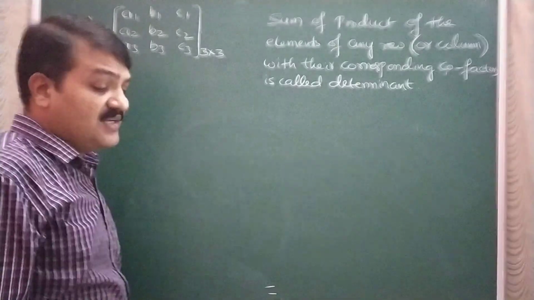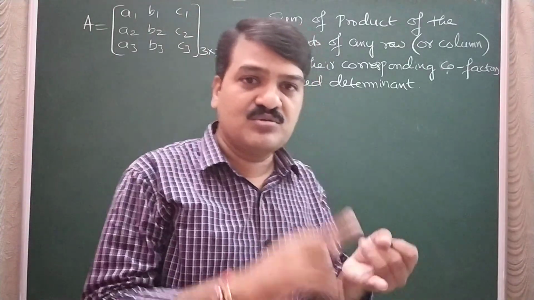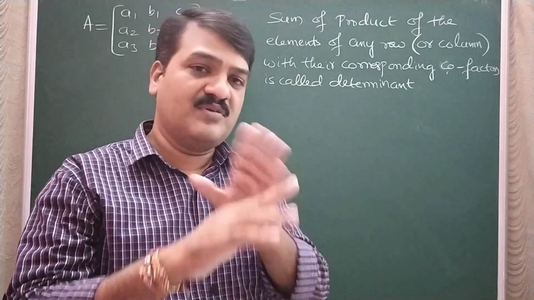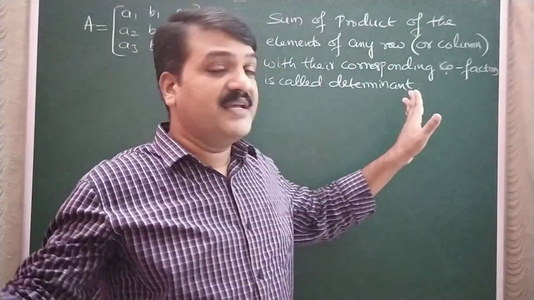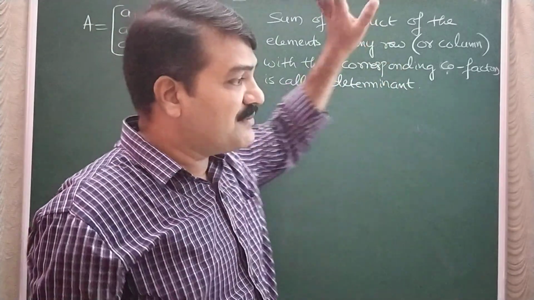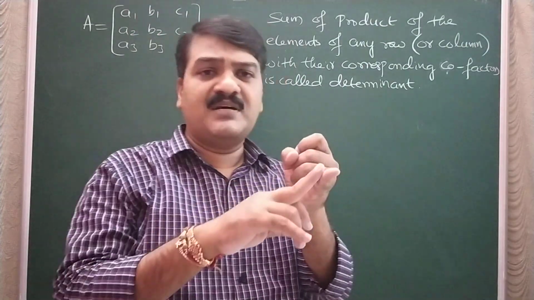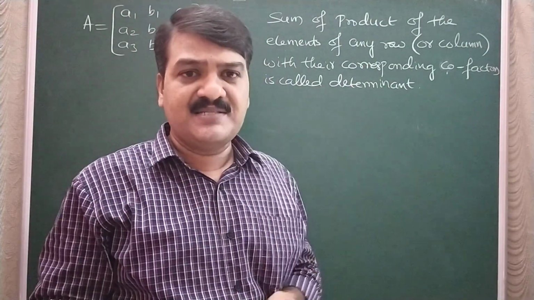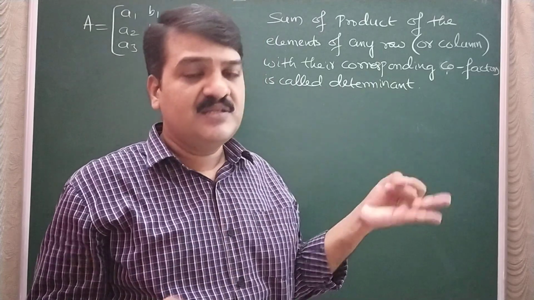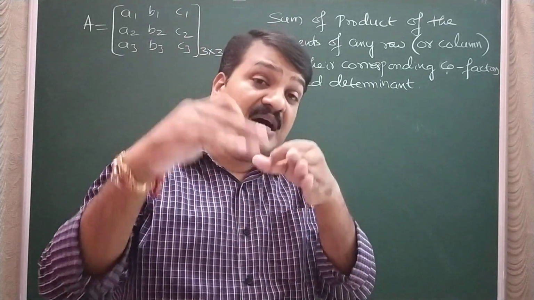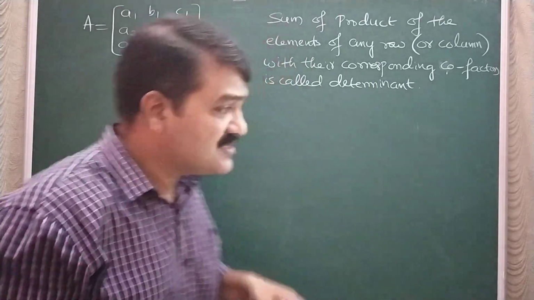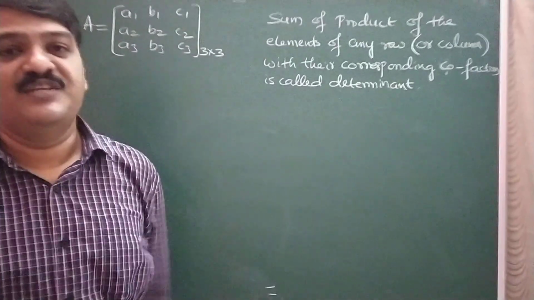This definition applies for 2 cross 2, 3 cross 3, 4 cross 4, every square matrix determinant. But for 1 cross 1 we discussed the element itself. For 2 cross 2 we have a formula. From 3 cross 3 or higher order square matrices we will apply this definition. So what is the definition?